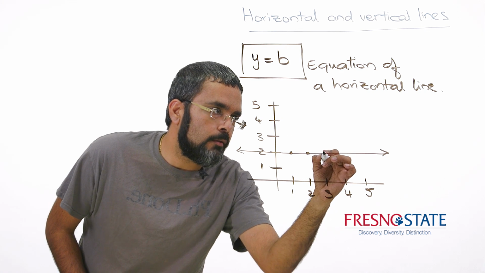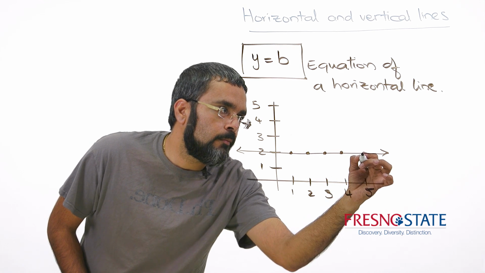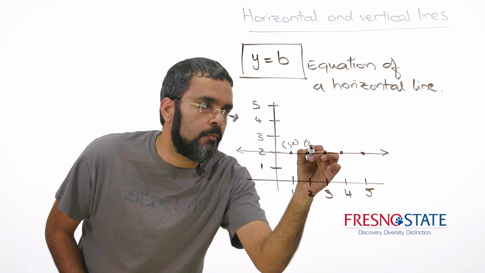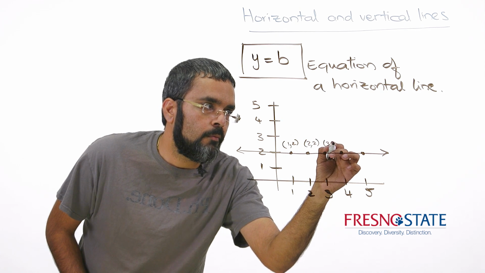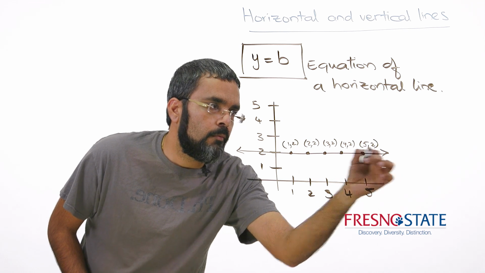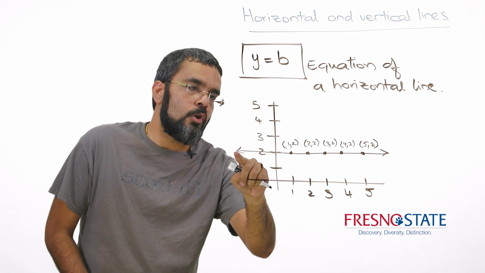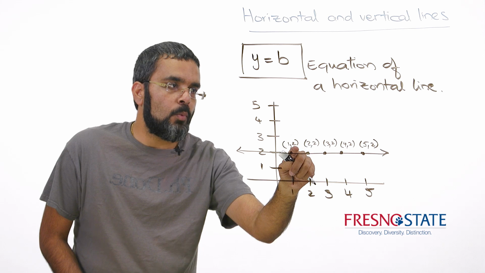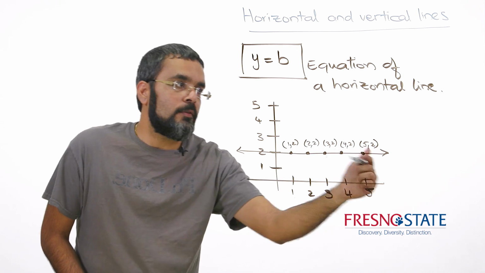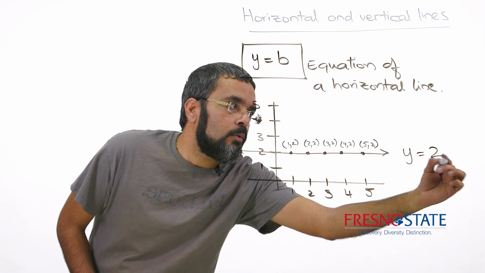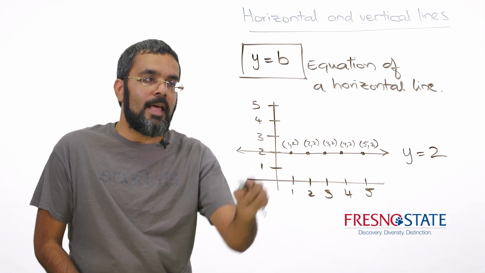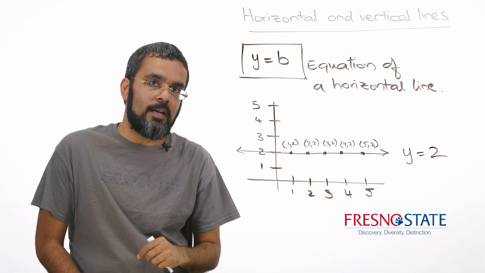What do we notice at all of these points? Right? We notice that no matter what point you take, its y coordinate is always 2. And so the equation of this line is going to be y equals 2. You can think about it as y is always 2 or y equals 2. And that is the equation of this horizontal line.